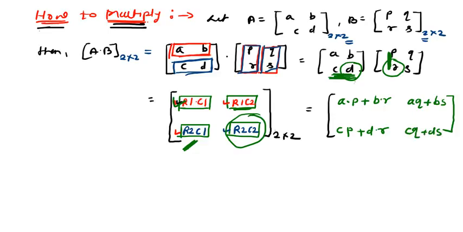So this is how we will multiply two matrices. For example, suppose I take the matrix A equal to 1 2, 0 3, and suppose the matrix B is 2 3, 1 0.